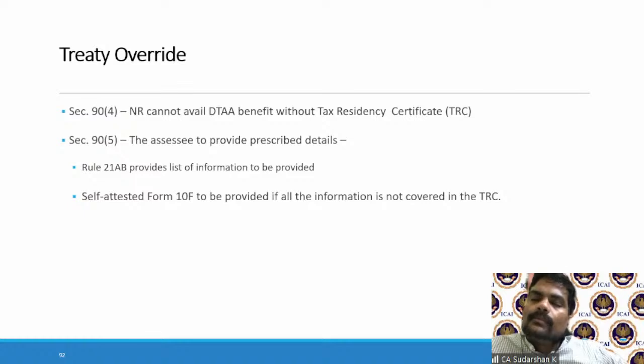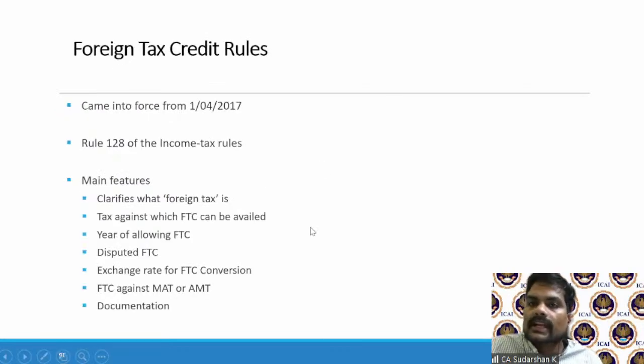And another main principle of the treaty is Section 90(2), wherein you can choose treaty or Act, whichever is beneficial to the assessee. If a non-resident is choosing a treaty, then he has to give a tax residency certificate to show that he is a resident of the other country, and he should also provide additional details under Form 10F.